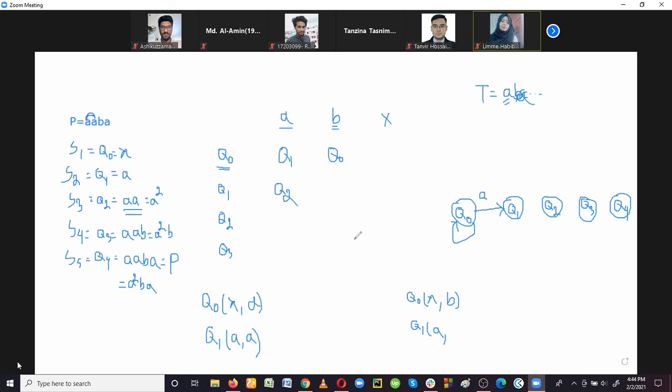Q1 can also accept the character B. What will happen if it receives B instead of A?